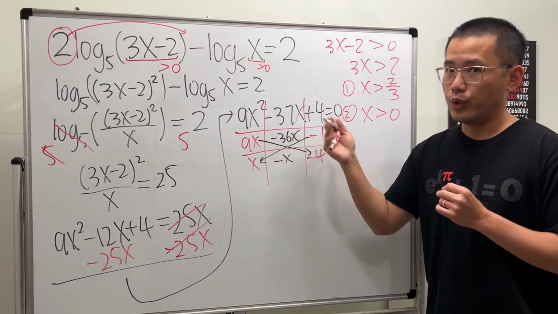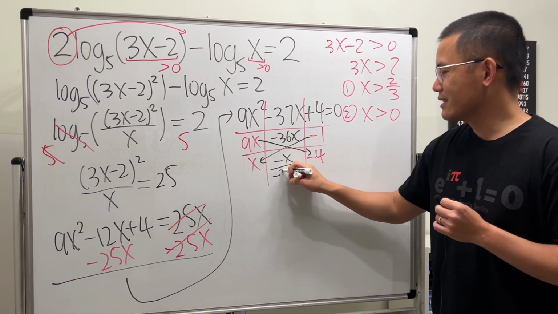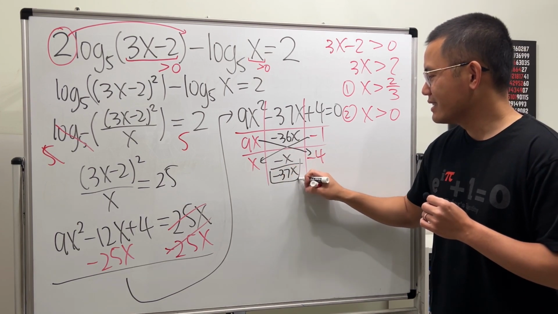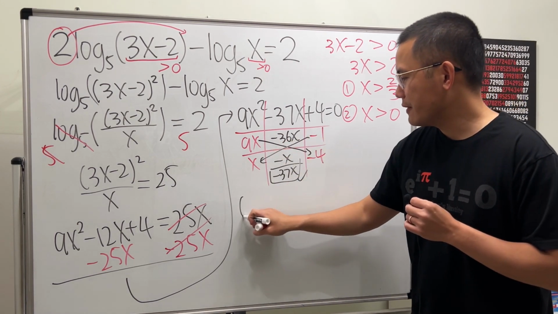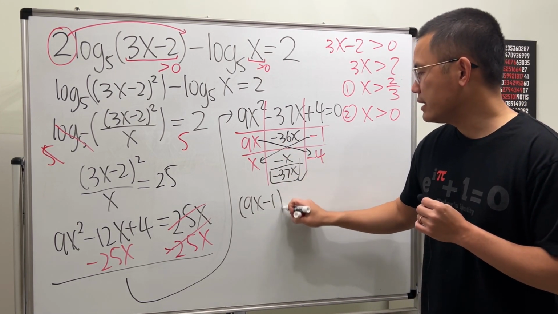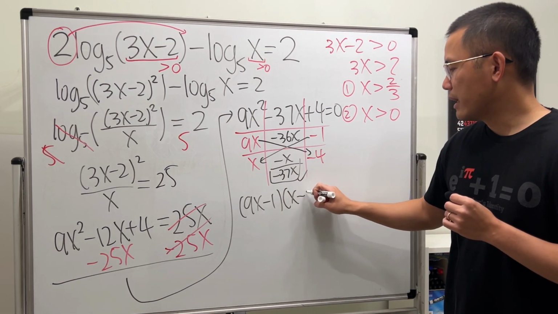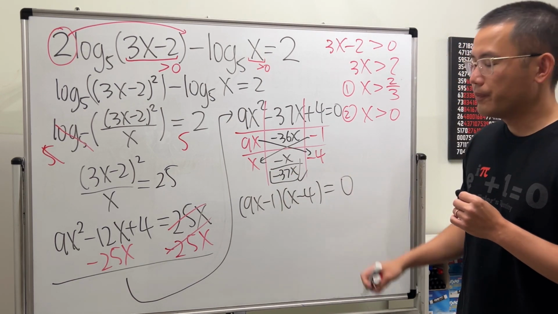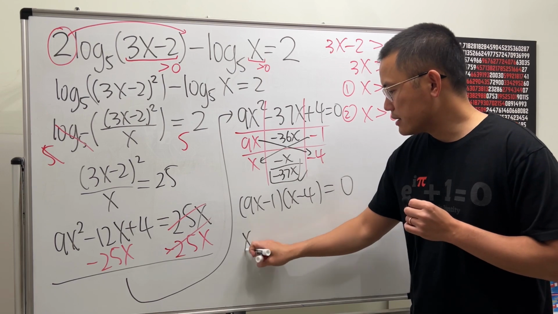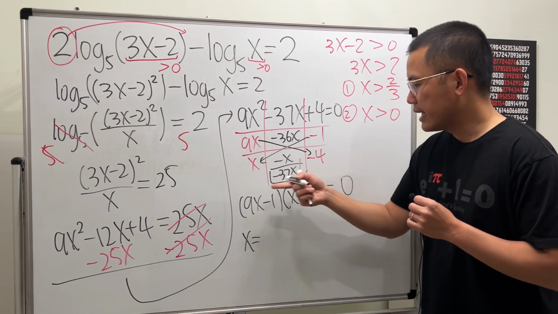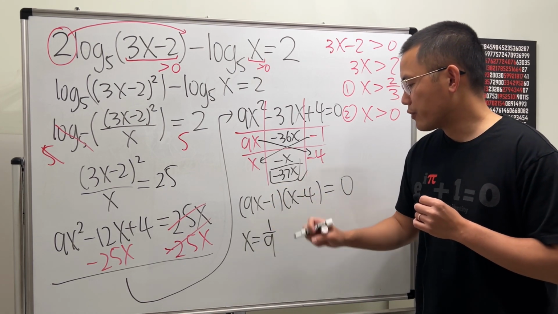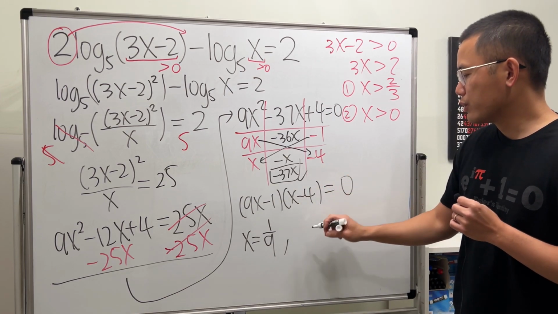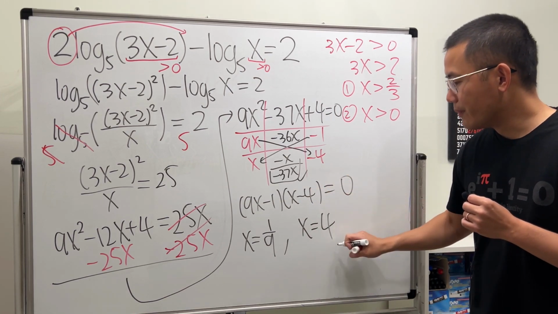So together we do end up with negative 37x. Very nice, huh? So this means we have (9x minus 1) times (x minus 4) is equal to 0. And from here, x is equal to, put the 1 to the other side, divide both sides by 9, so 1 over 9. And the other one, put the 4 to the other side, so x is equal to 4.